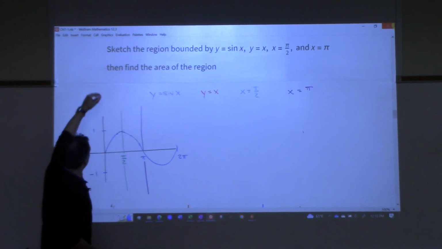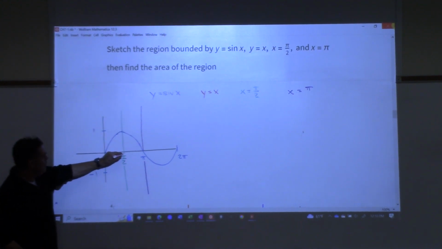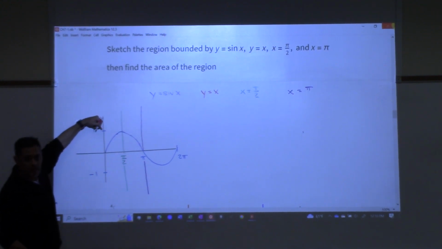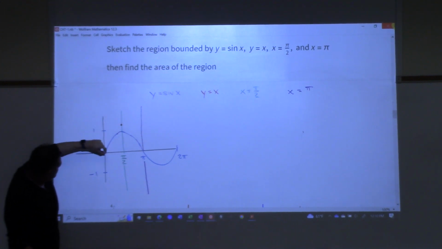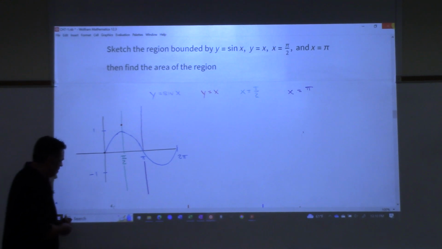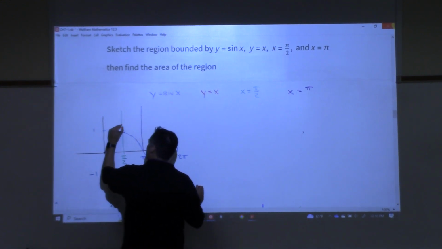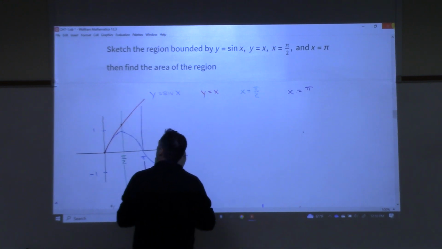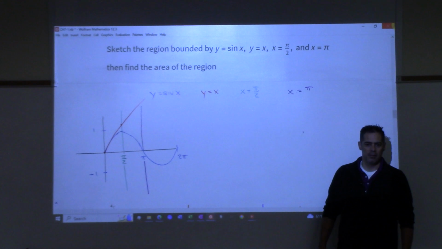Which is 3.14, way up there. If I plug in pi over 2, where should I be? Pi over 2 is above 1, isn't it? So it's up here somewhere. And then this point's here. So I can pretty much say that it's going to look like that. Do y'all see the region? Yeah.